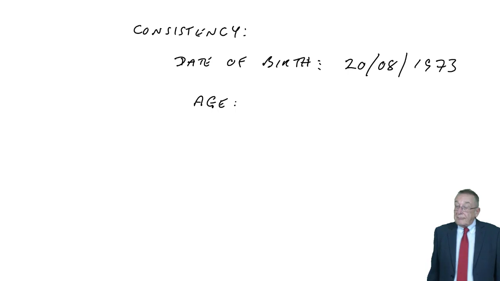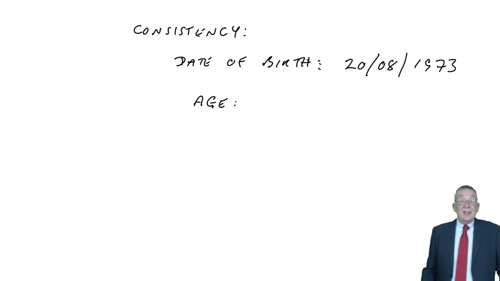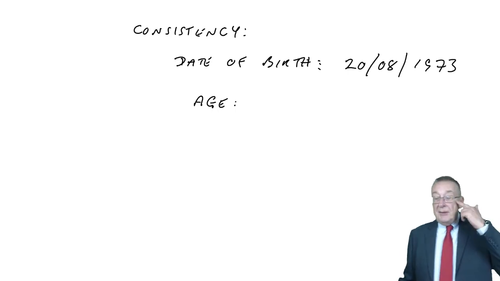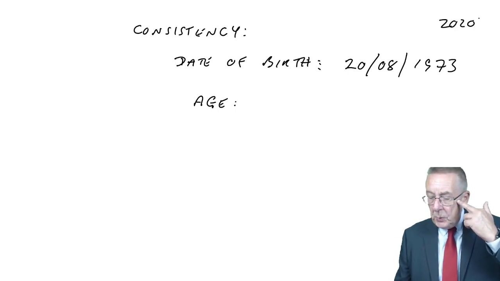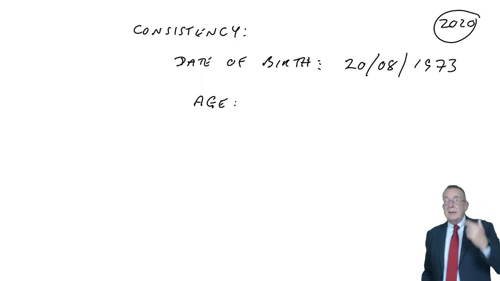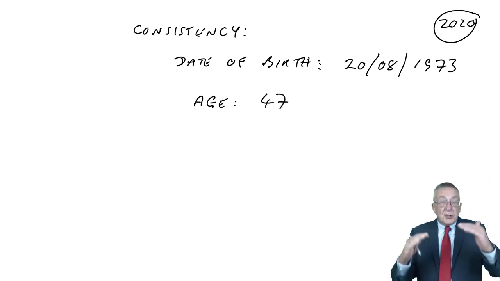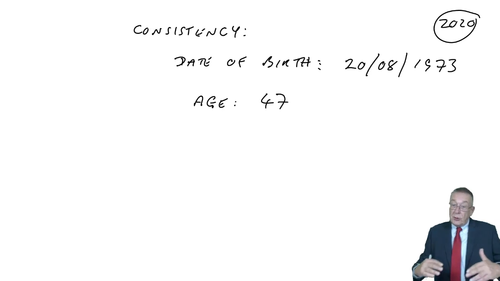And of course, it depends what year we are now. So if we are now in 2020, let me think, if today is 2020, if they were born in 73, I think they are 47 years old. So, the computer screen wants date of birth, and later on, it wants to know the age.